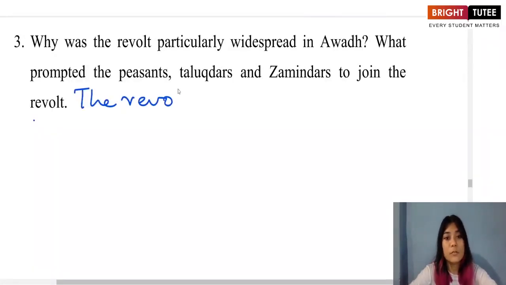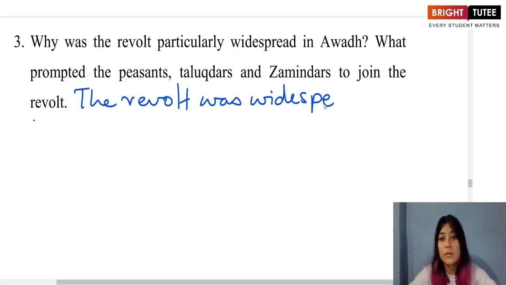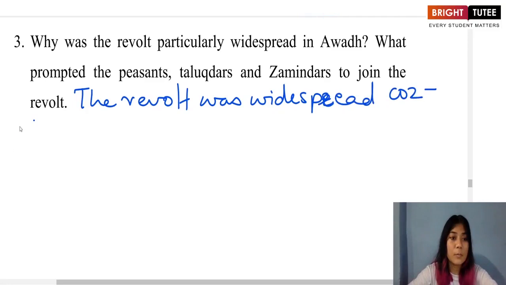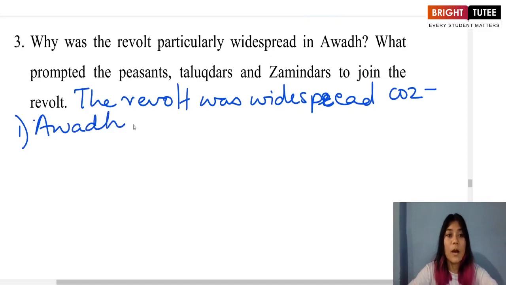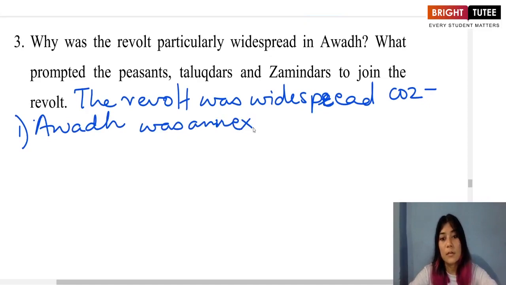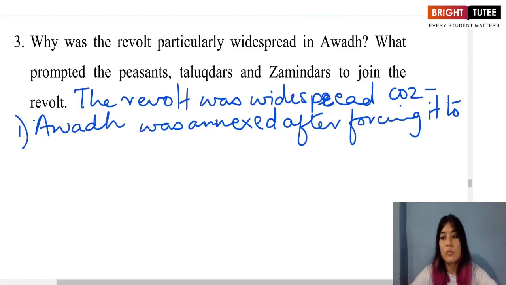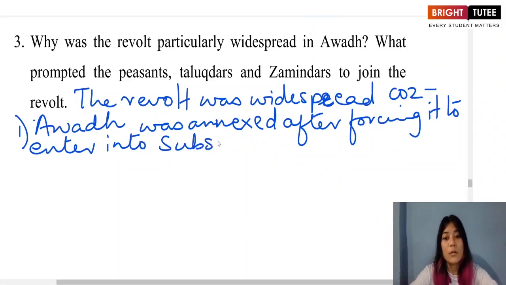The revolt was widespread because, number one, Awadh was annexed after forcing it to enter into a subsidiary alliance.